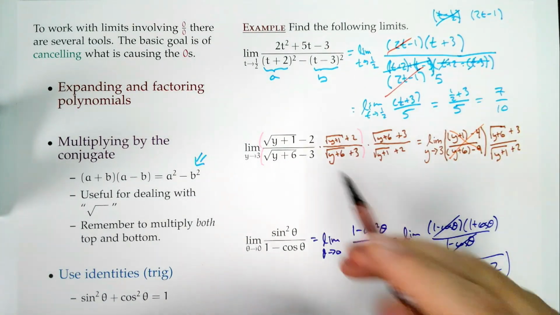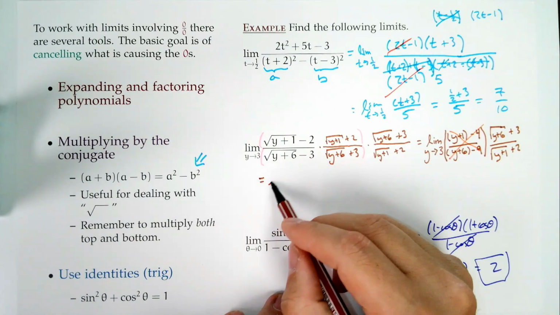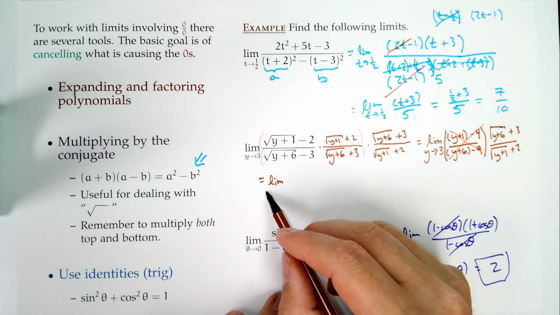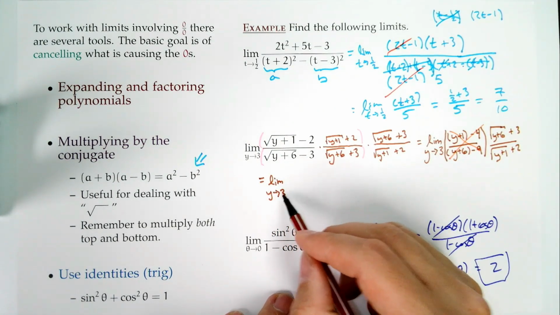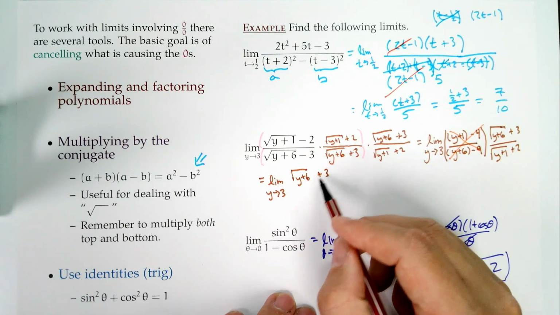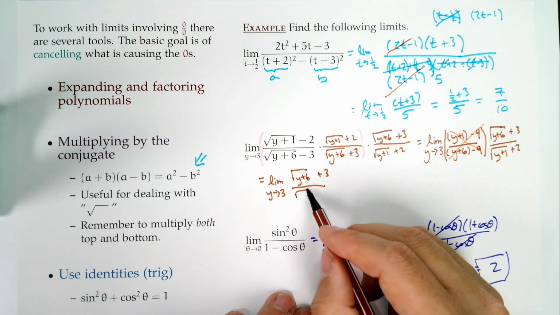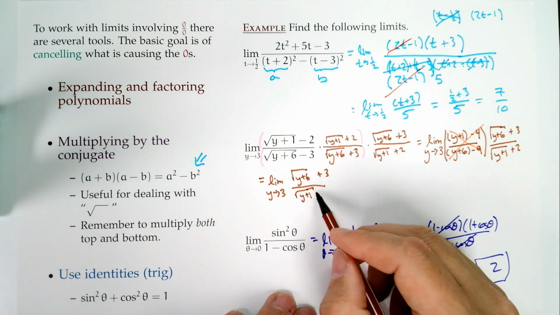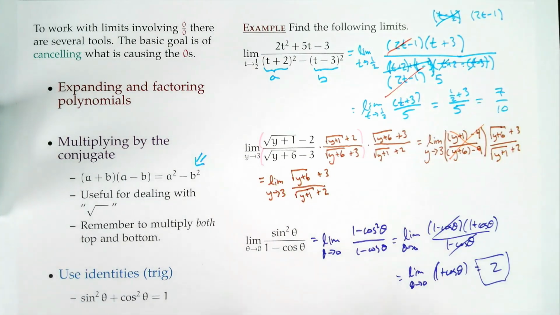So we see that we can rewrite our original limit using some algebra as the limit as y goes to 3 of square root y plus 6 plus 3 over square root y plus 1 plus 2. Now, before we got 0 over 0, bad. What do we get now?